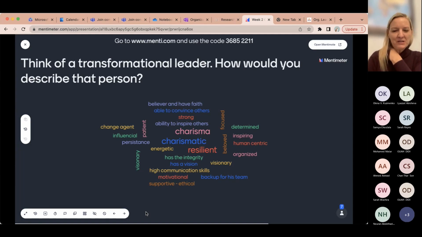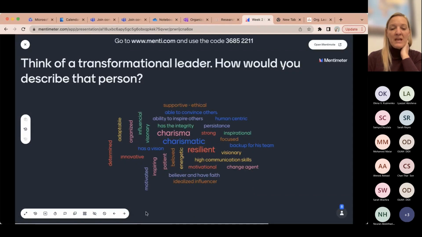So that's a good reminder for our transformational leaders. Charismatic, charisma, persistence, resilience, motivating, believer, they have faith in their mission, absolutely.